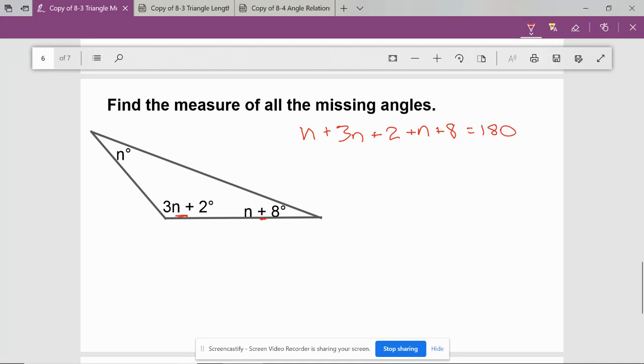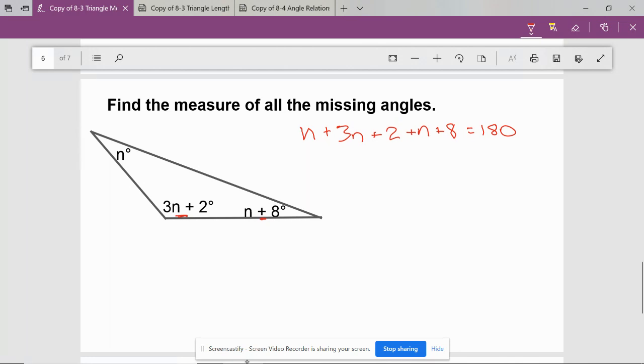Now, if you can remember back forever ago when we did the same thing, you take your n's and combine them. You take your regular whole numbers and combine them, and you make it into a smaller equation. So we're going to do that.